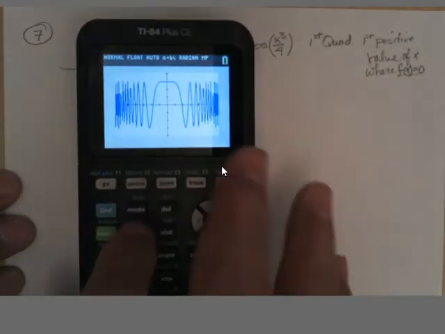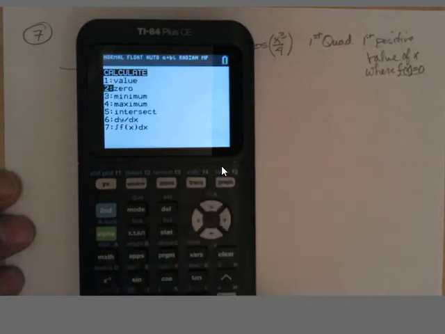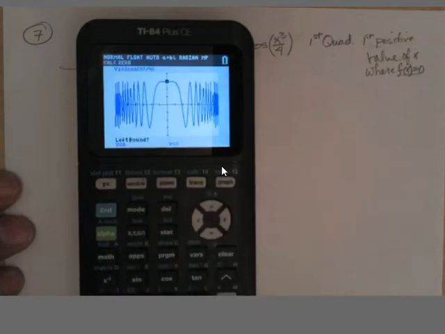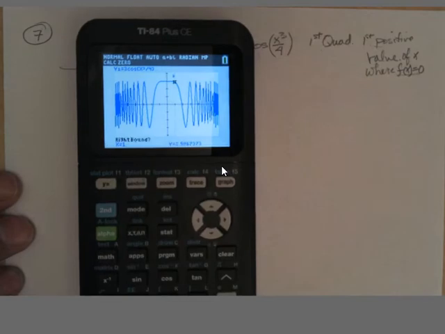So I'm going to go to second, calculate the 0, enter, and it's between 1 and 2. 1, enter, 2, enter, and it says, what's my guess?